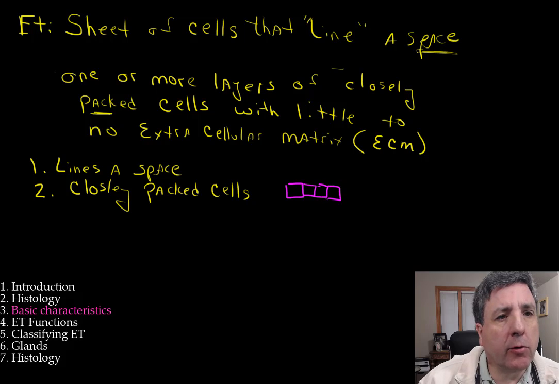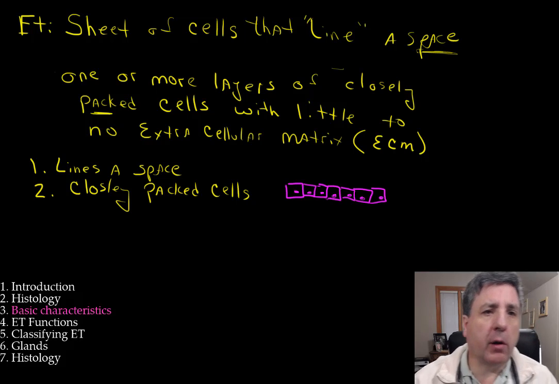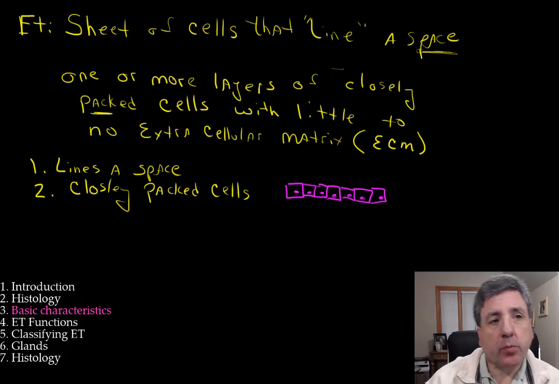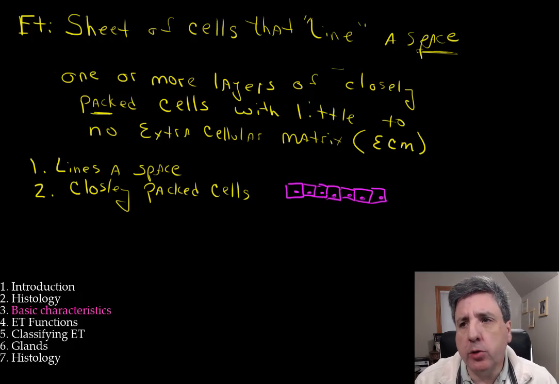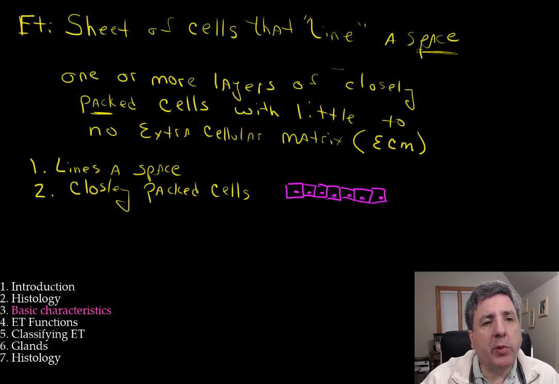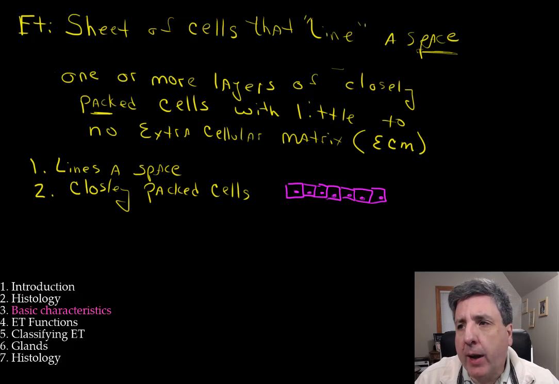I'm not doing a great job drawing, but I think you get the idea. These are cells lined up right next to each other, closely packed, so there's not really any space in between them. In other lectures or videos we'll talk about the shapes of cells and how you define those shapes. But these are closely packed cells.